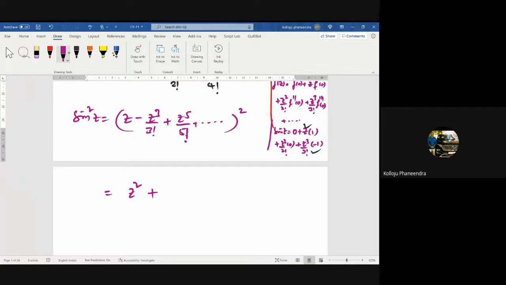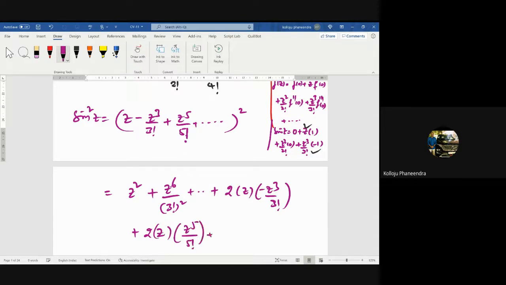B square means z power 6 by 3 factorial whole square. Next z power 10, no need. 2ab term: 2a into b term, z power 5 by 3 factorial. Let me write another one, 2ac term. 2ab is over. Next 2ac term, 2a value and c value like this. So I'm writing some powers only.